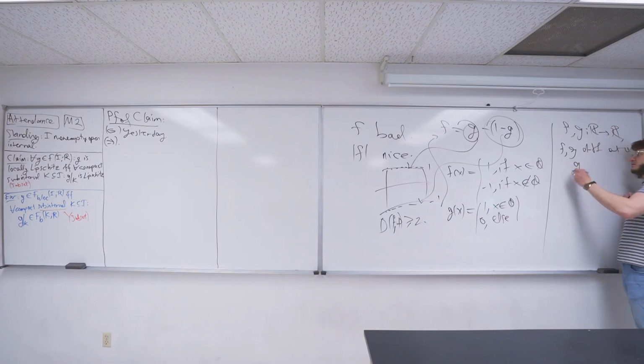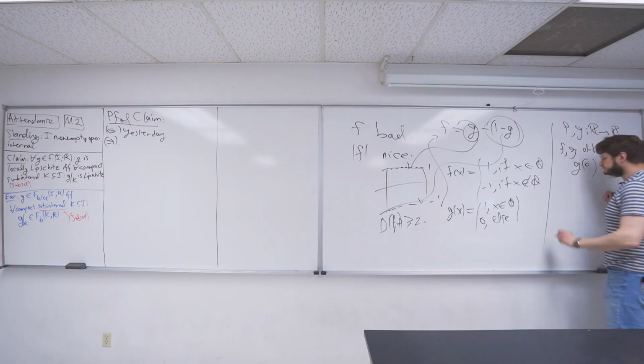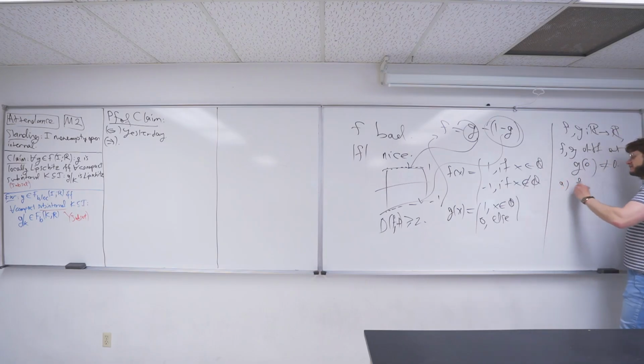And we're assuming that g of 0 is not 0. In the first part, I was asking you to verify that this ratio function is well defined as a function taking real values in some interval containing 0.